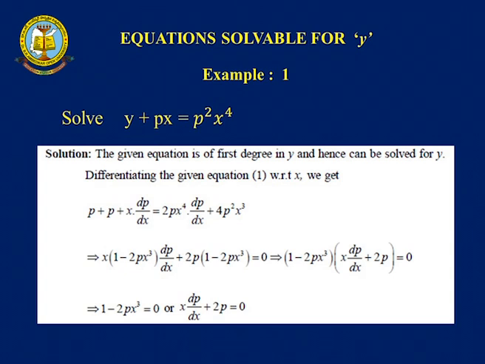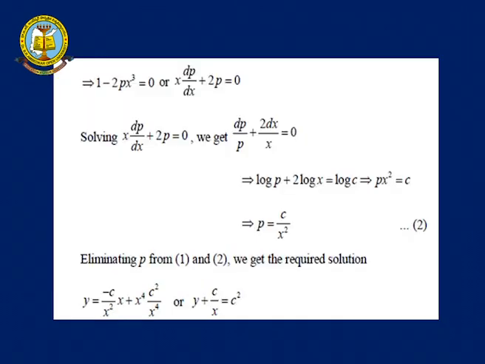Since ab equal to 0, we write a equal to 0 or b equal to 0. So 1 minus 2p x cube equal to 0, or x into dp by dx plus 2p equal to 0.